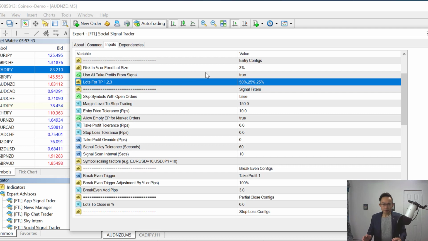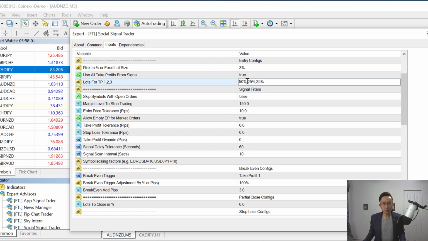If we're using 3% of our account for the lot size, and we have 3 take profits, how do we allocate that lot size? It's configured here.